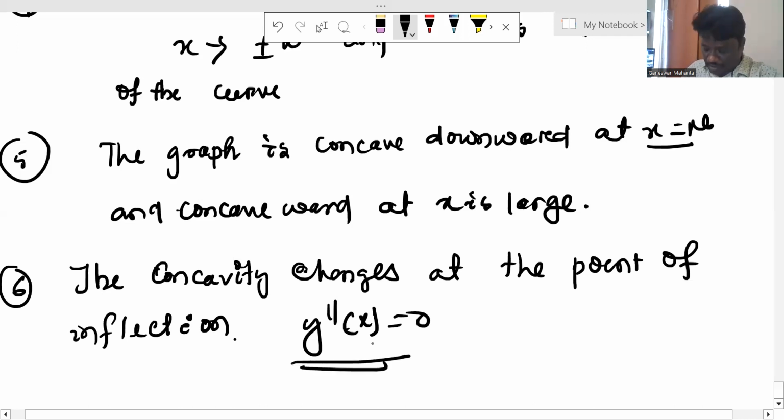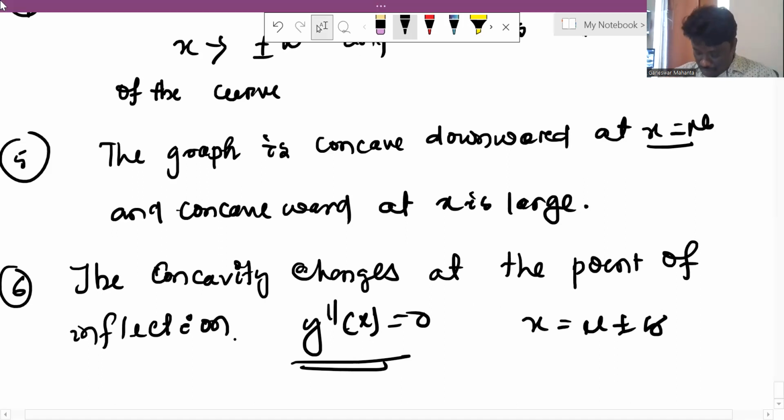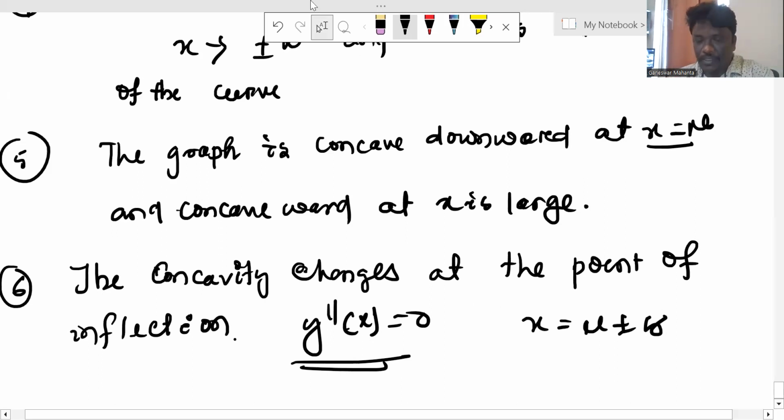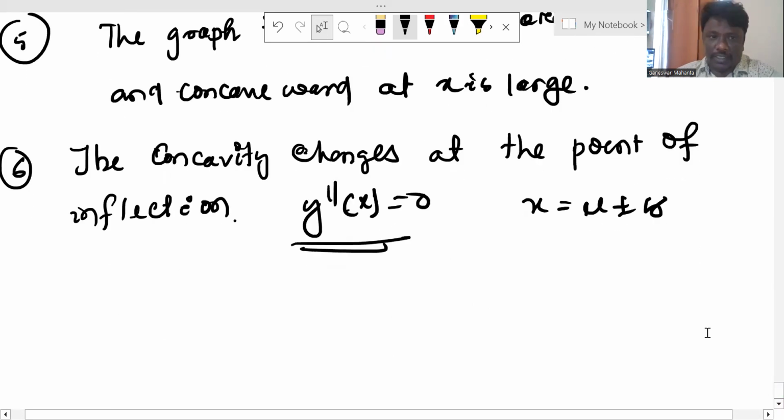That's the point of inflection where it changes. These points are given by x equal to mu plus or minus sigma. At these points the double derivative is 0, and at x equal to mu plus or minus sigma the concavity changes.